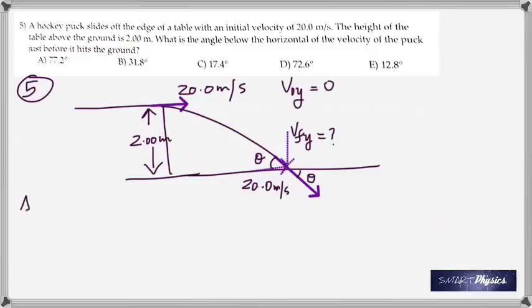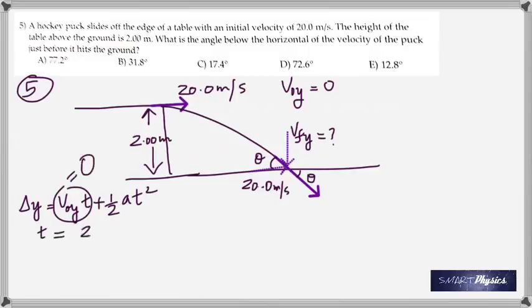That is VFY. We know the initial is 0. So use this equation. That whole term becomes 0. And from there we can figure out the time. 2 delta y by a.